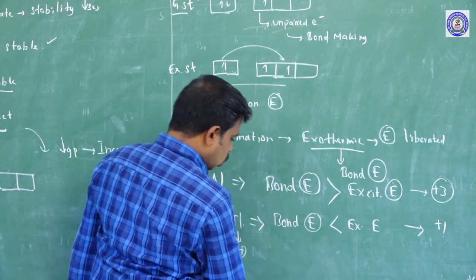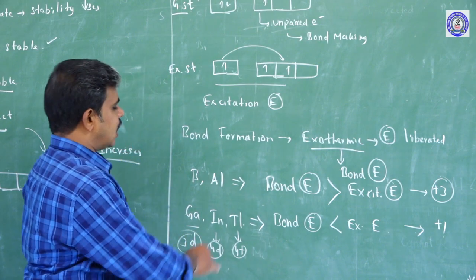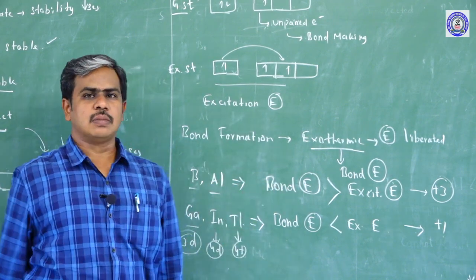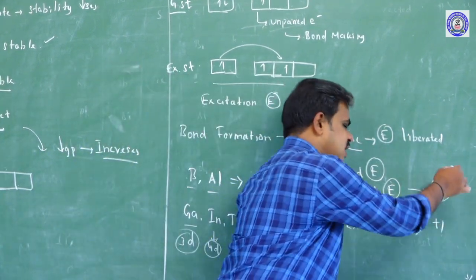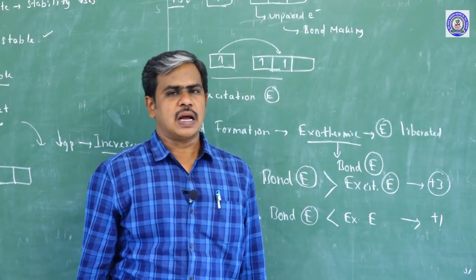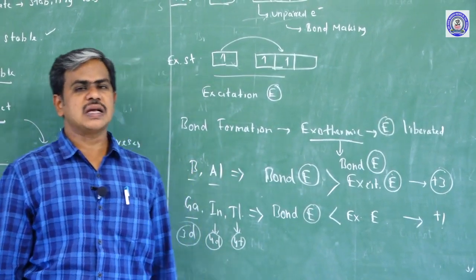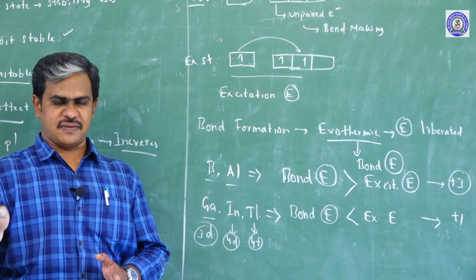So due to shielding effect and the bond energy difference, boron and aluminum exist as +3 oxidation state, and thallium as +1 oxidation state because of inert pair effect.